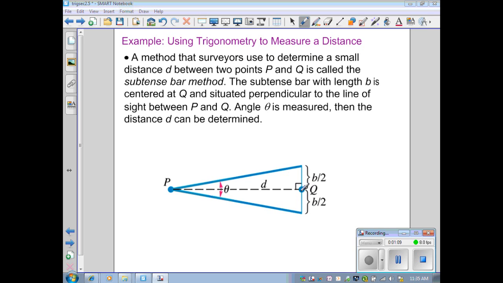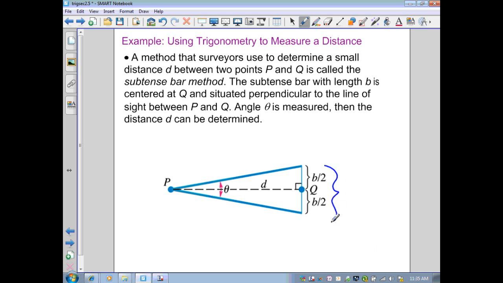So we have a right angle, and this point is the midpoint of the segment. Then we measure this angle theta between the two rays generating that angle to the endpoints of this segment. From there, we can identify this whole segment as B, but we know that Q is the midpoint, so this is B over 2, and this is B over 2.